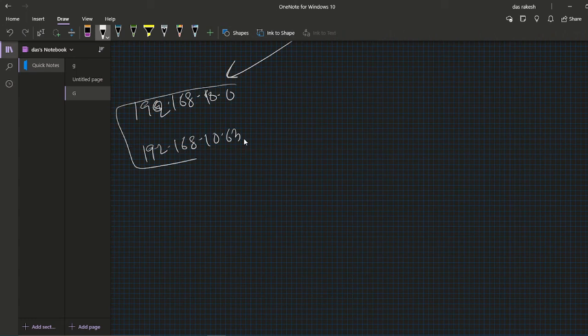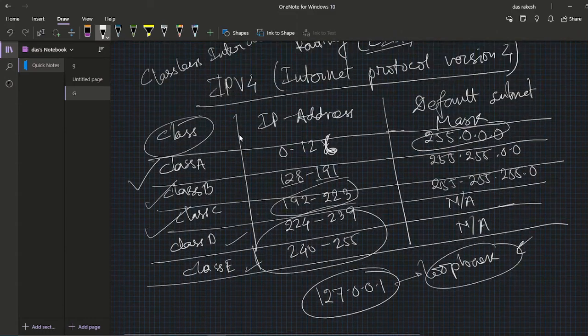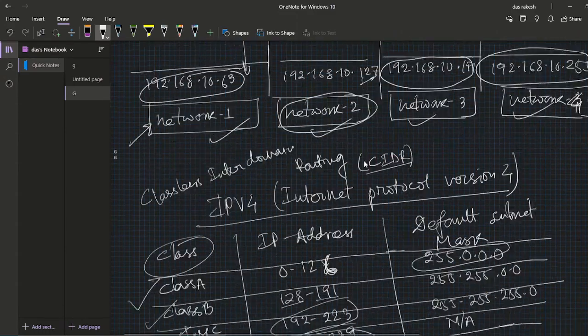This is for network 1. Basically, consider this an office, just like that, I draw a diagram of an office. This is for the office network. Then the next IPs are assigned from 64 to 127.